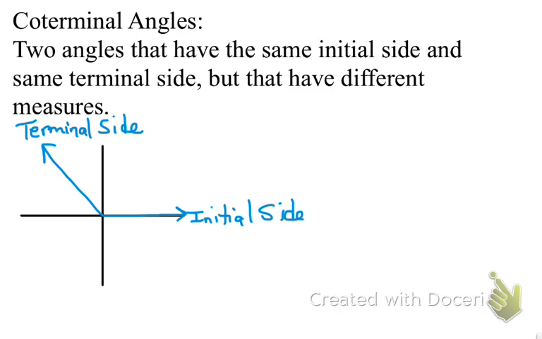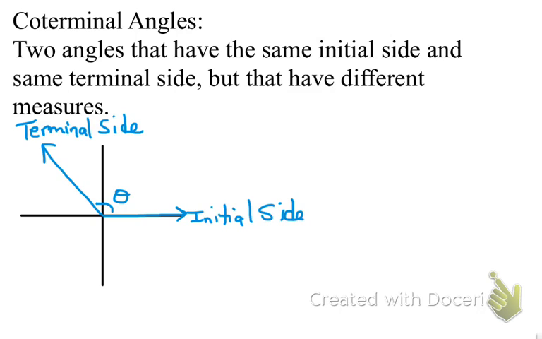So if we call this angle right here angle theta, how is it possible to take the same initial side and same terminal side and have an angle other than theta?